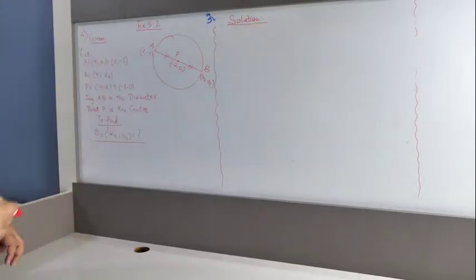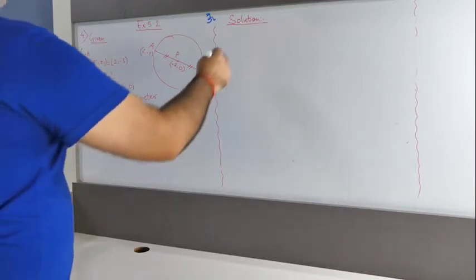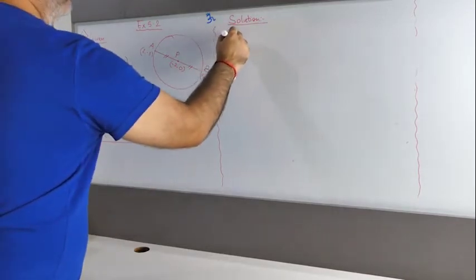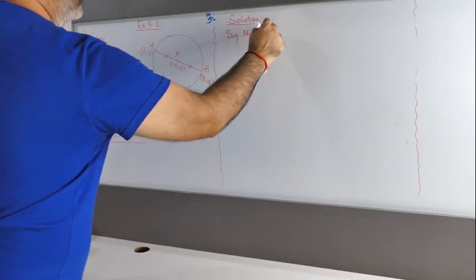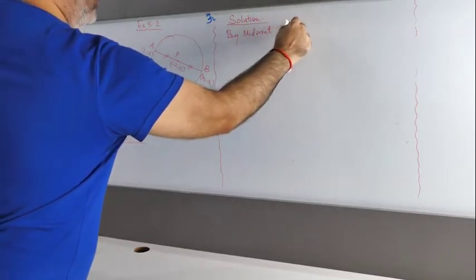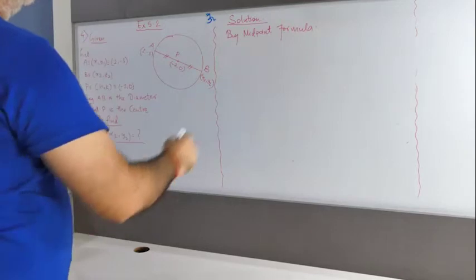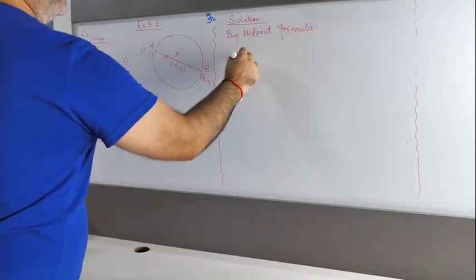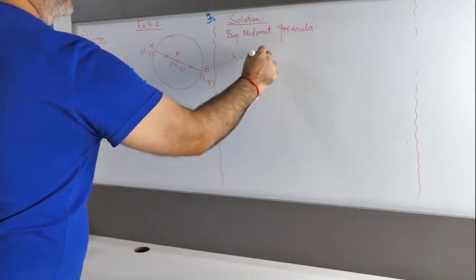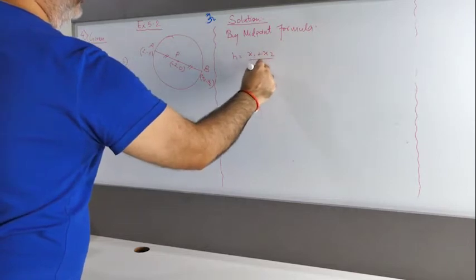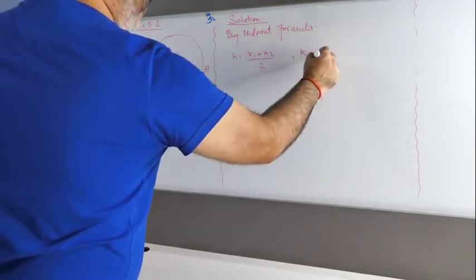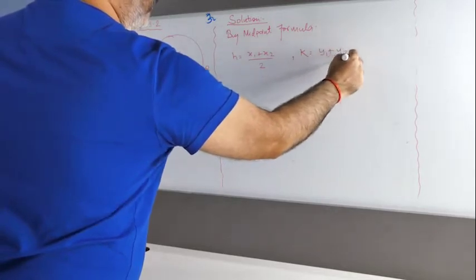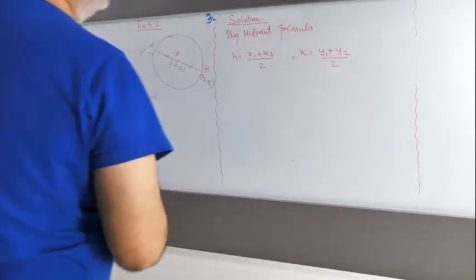The solution says that by midpoint formula, h is equal to x1 plus x2 upon 2, k is going to be y1 plus y2 upon 2.